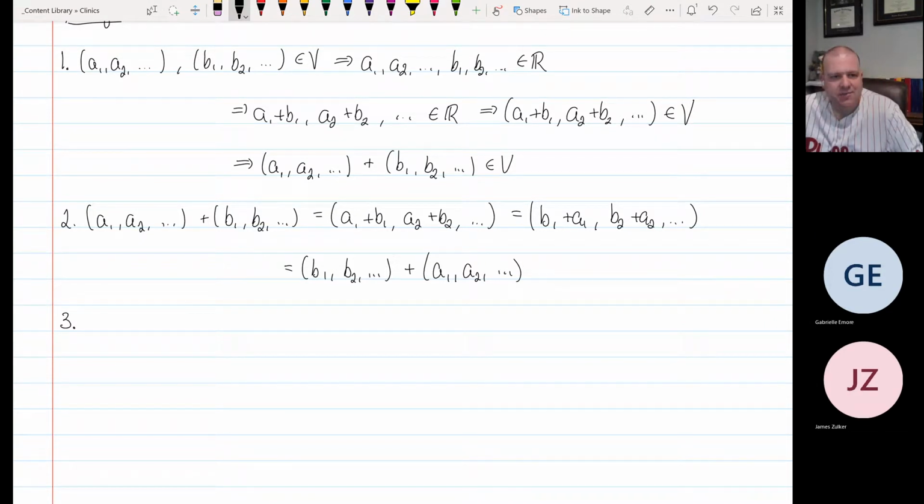Third axiom, we have to now show associativity of addition.